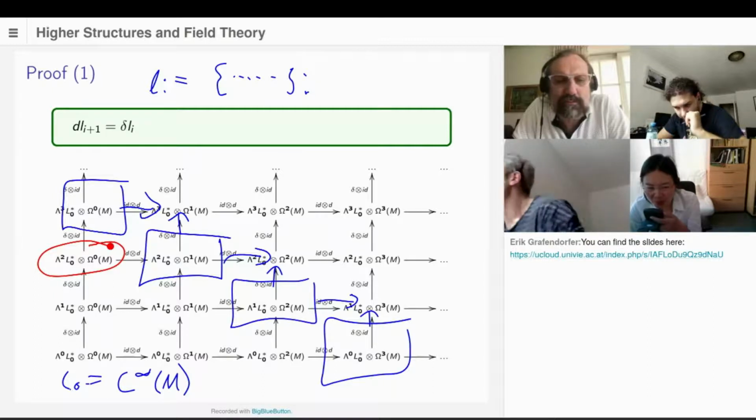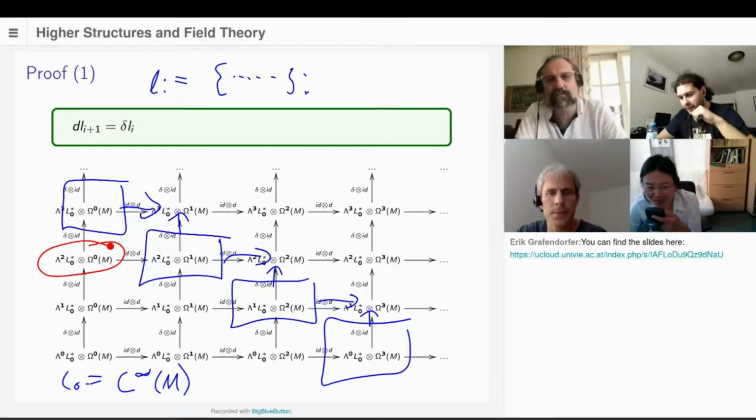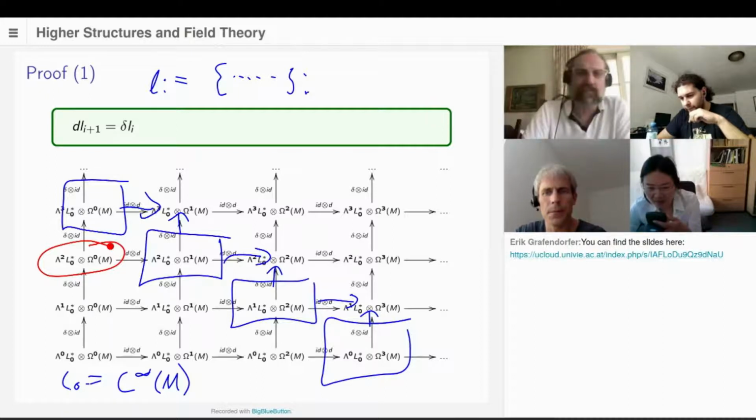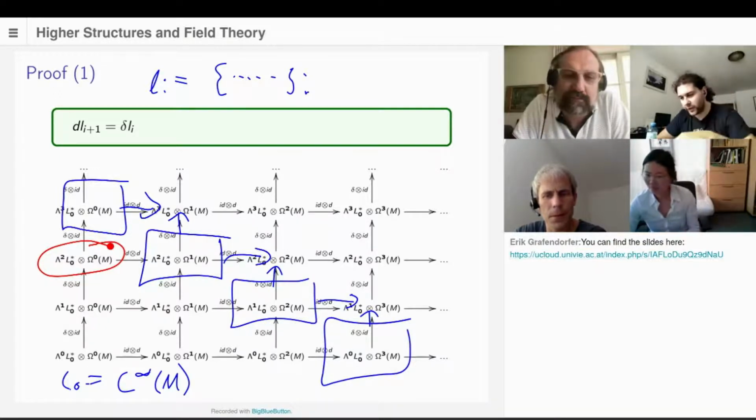Then what are you doing in that case? So in this case, it's a construction that classically we know. Basically you can recover the classical obstructions using this double complex too.